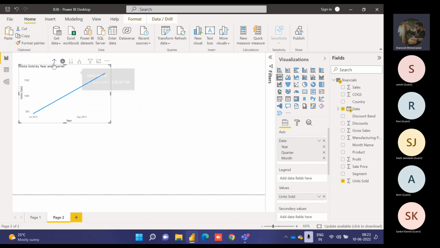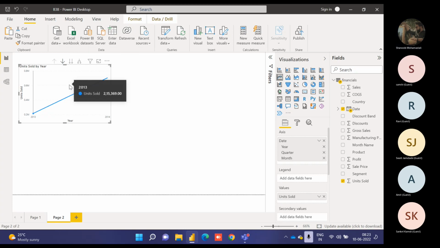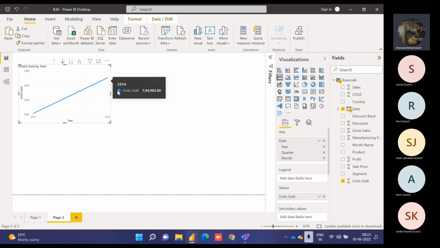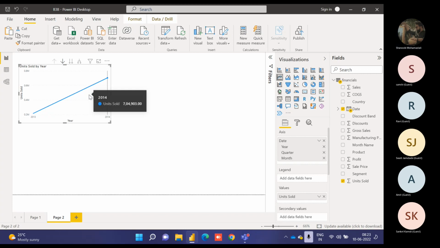So when you say go to next level, it will not filter anything, but it will go down to the next level directly. So when it goes down to the next level without filtering anything, that means it will have all the years that were there. It will not filter anything specific.